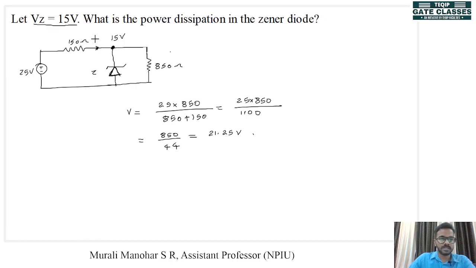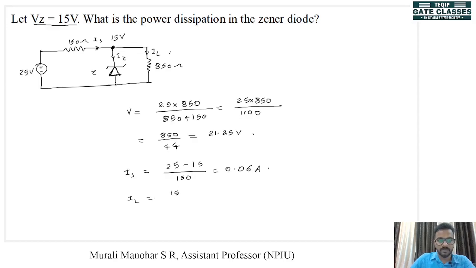Now we can see what are the currents through different branches. Let's say this is IS, this is IZ, and this is IL. What will be the value of IS? IS will be 25 minus 15 divided by 150 ohm, and that will be 0.06 ampere. What will be IL?